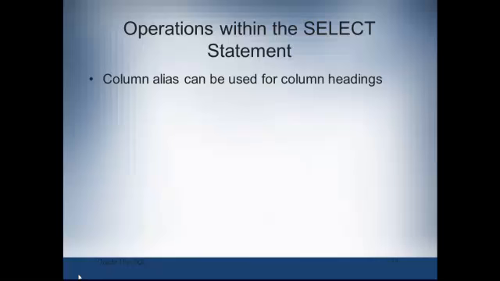By default, it's going to be the column name that you used in your select clause, or we're going to see a little bit later, if you use an expression in your select clause, then that will be your column heading in your display output. So you can use a column alias to represent or replace that column name.